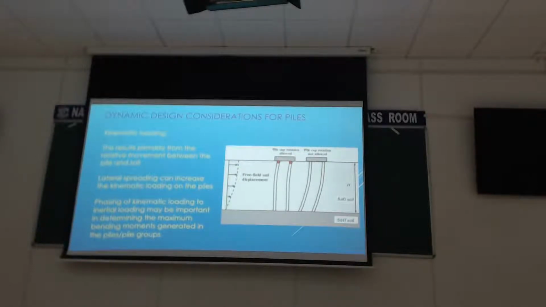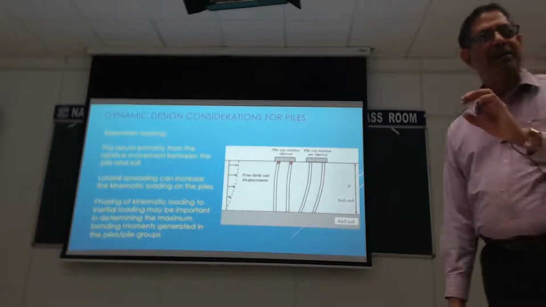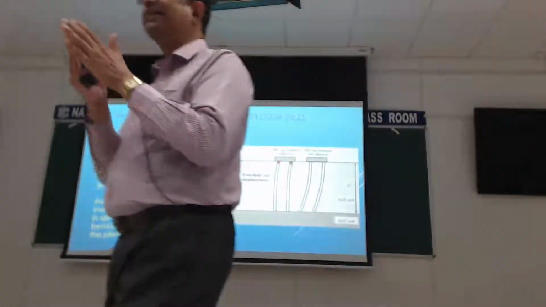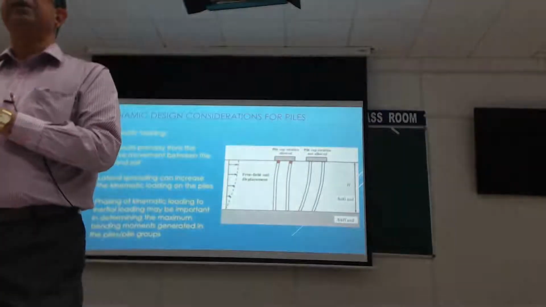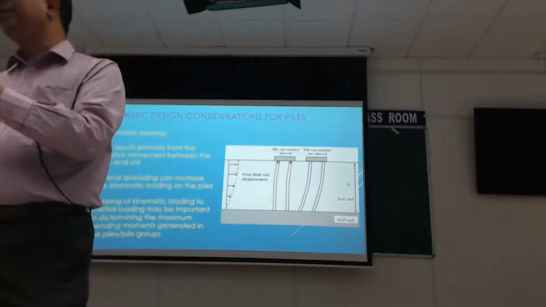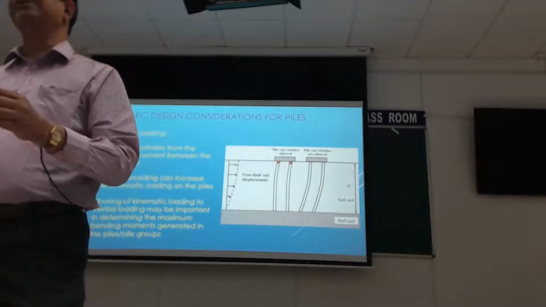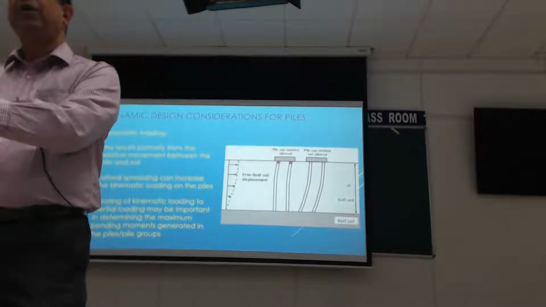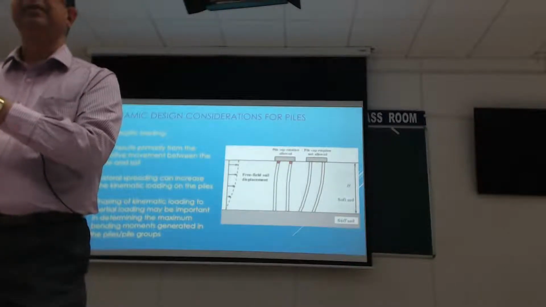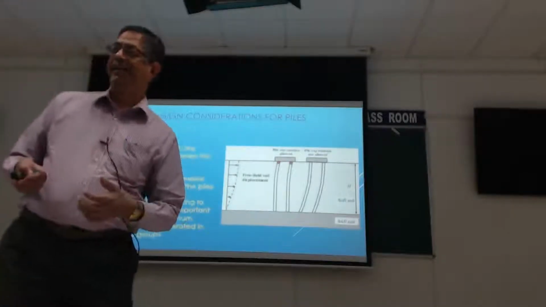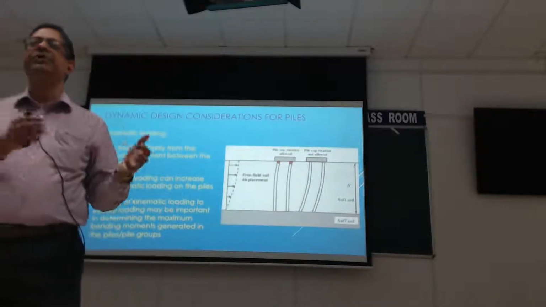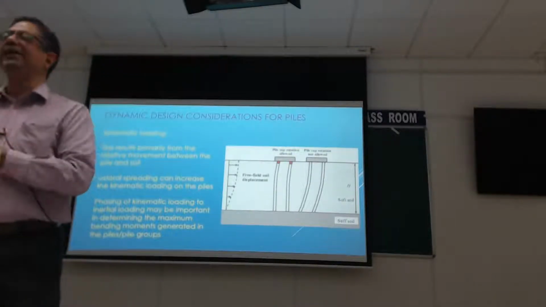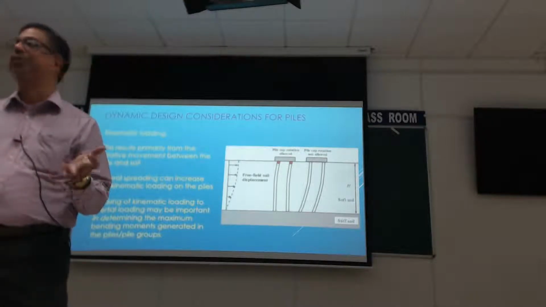There's one very important research area which is completely under researched at the moment, which is the link between inertial loading and kinematic loading. When I say the link, it's the phasing of the two loads. Will kinematic loads and inertial loads be applied at the same time on the pile, or will they happen at different times? Lateral spreading is a little bit easier because we know by the time the soil liquefies and starts spreading, the earthquake is finished, more or less.